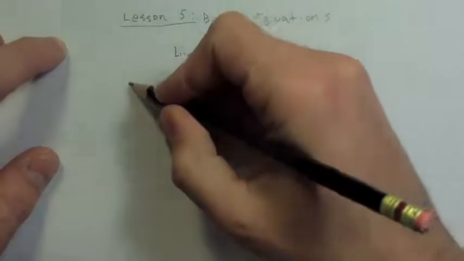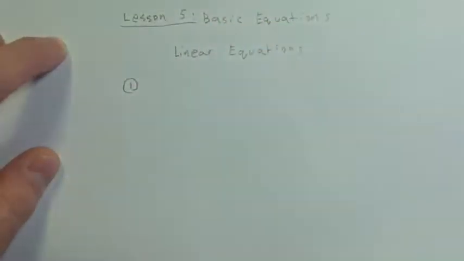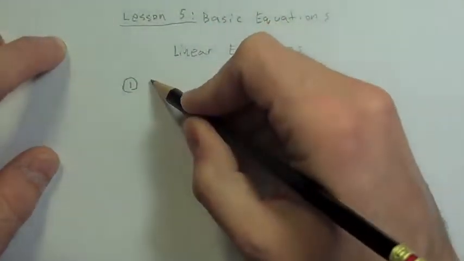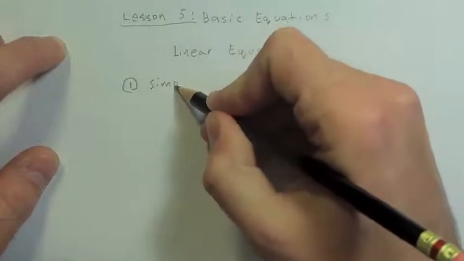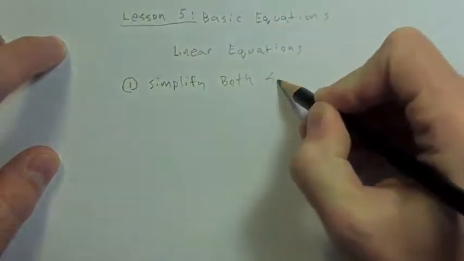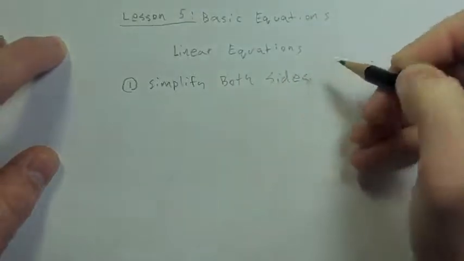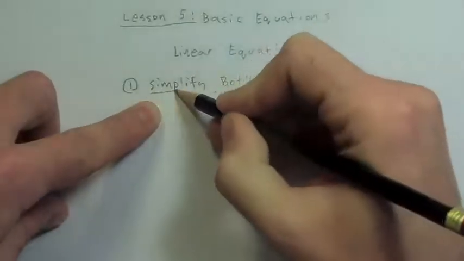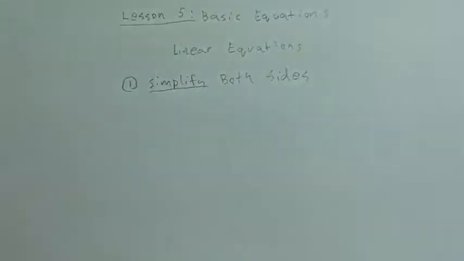But these are the types where you have basically your 3 steps. You simplify both sides, and this should be your first step. No matter what equation you're trying to solve, a lot of times you can get what you're looking for just by simplifying everything you see.